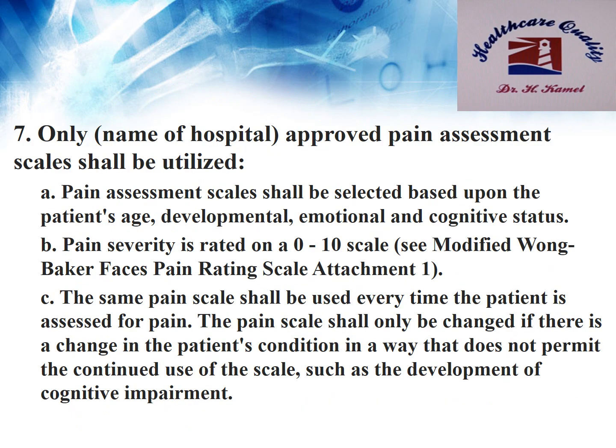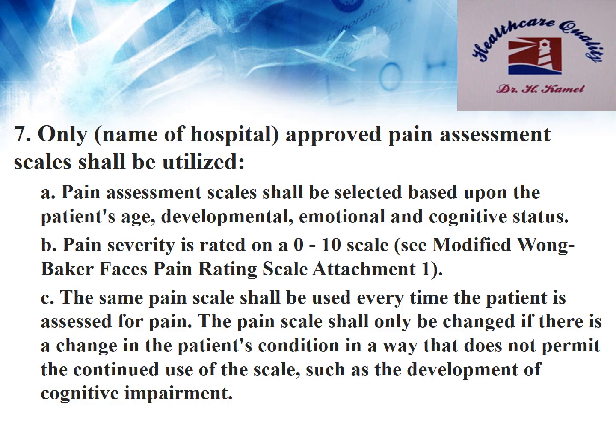Number 7, only the hospital's approved pain assessment scales shall be utilized. Pain assessment scales shall be selected based upon the patient's age, developmental, emotional, and cognitive status. Pain severity is rated on a 0 to 10 scale.